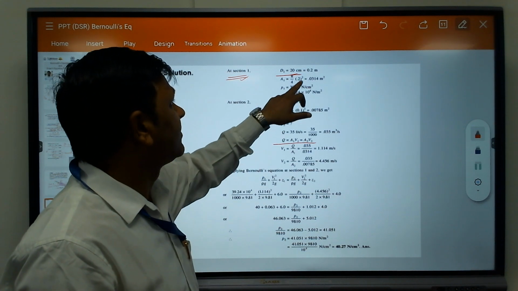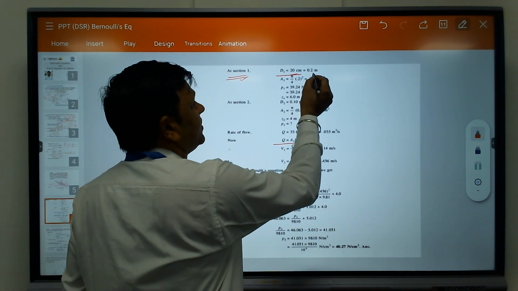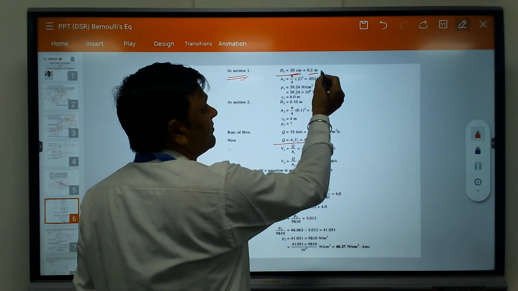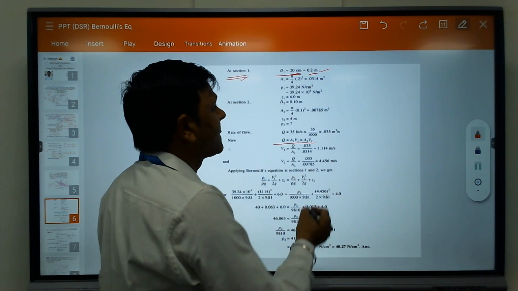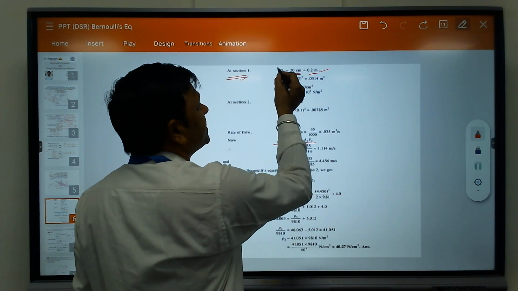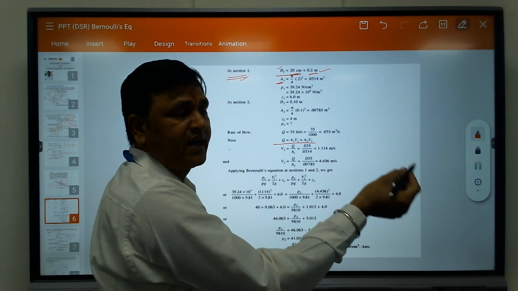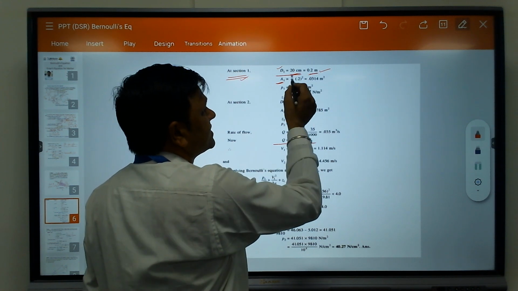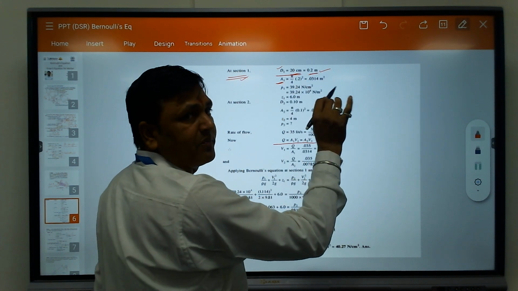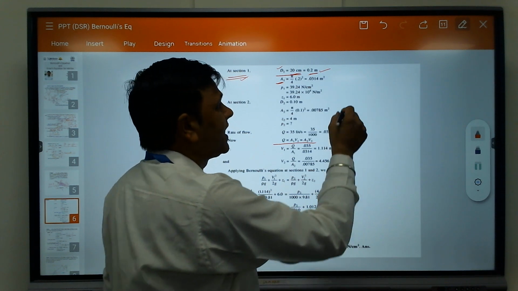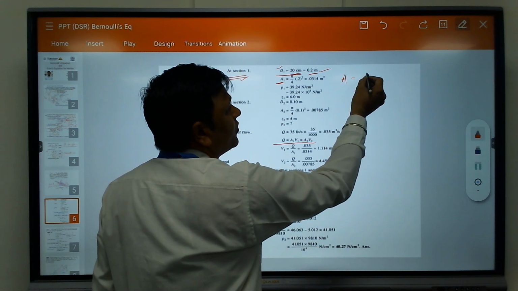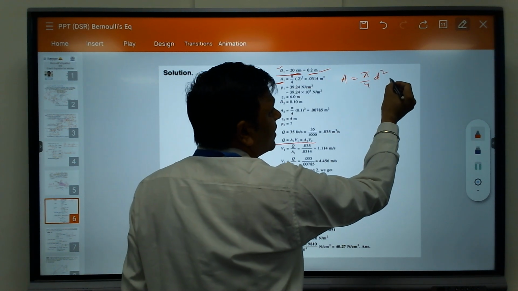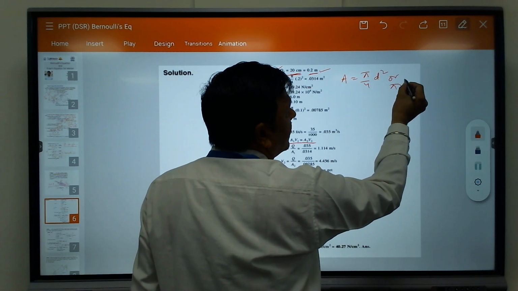Now we convert centimeter to meter in the MKS system. Diameter 20 centimeter converts to 0.2 meter. Using this diameter we can find the area. Area is pi by 4 d square, or pi r square.